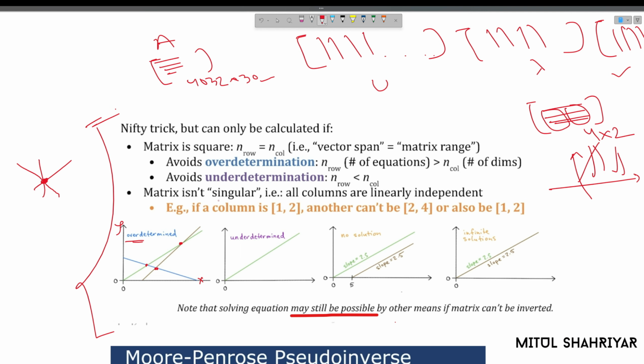Now there is another thing which is called underdetermination. You can see there are 2 axes, x and y, so we can call there are 2 columns, but here we have just one line. That means we might have maybe 1 row, like 7 2 something like that, which is 1 row, 2 columns.